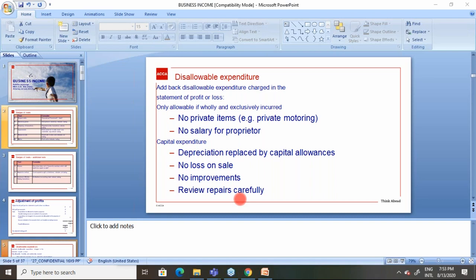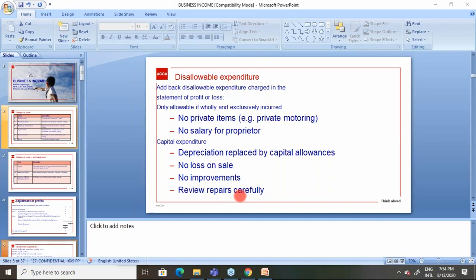In that case, you will not be able to claim it as an allowable expenditure when calculating the tax adjusted trading profit. For example, if you look at initial repairs, how do you identify whether it's allowable or not? If you can use the asset without the initial repairs, then it is an allowable expenditure.